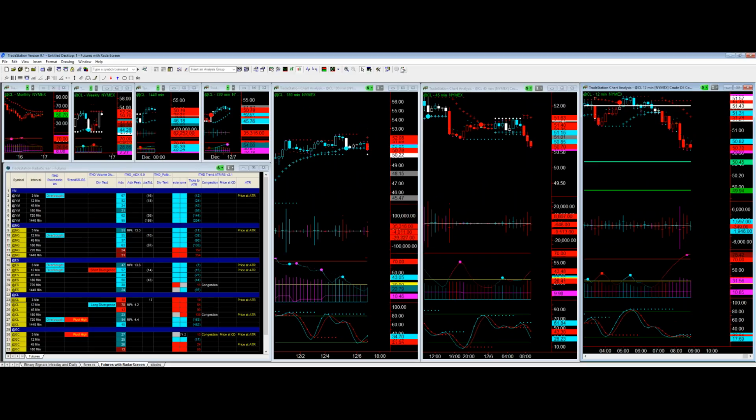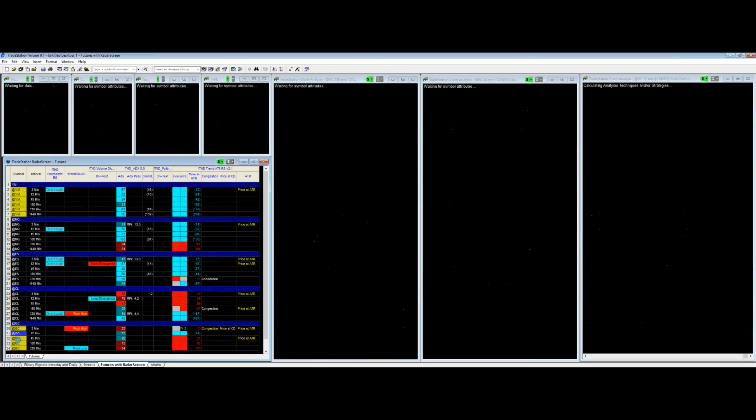Let's see. There's a lot of resistance in that area. 50.22. See how you're getting this congestion dot over here on the 180? So again, it's not ready yet.